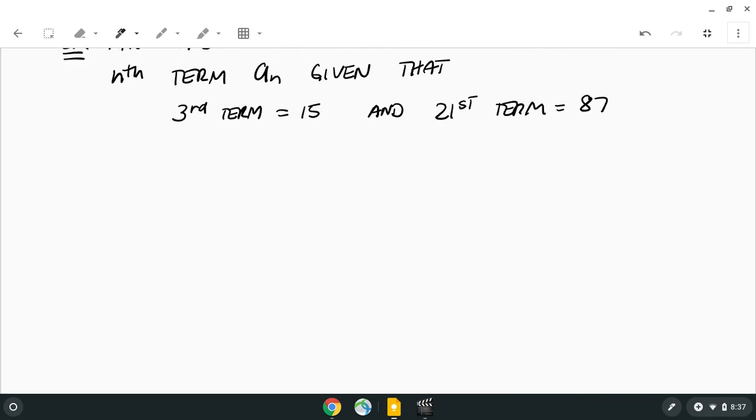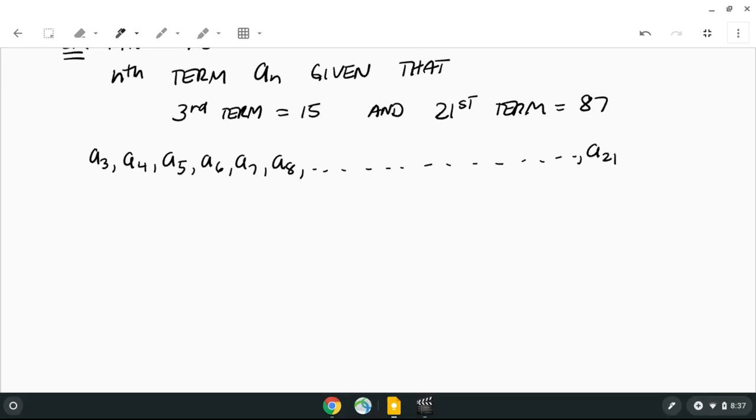Okay, so remember, to go from the third term to the 21st term, you add d, you add d, you add d, you add d, you add d, right? So here, let me just write it down. It's kind of far apart, but okay, A3, A4, A5, A6, A7, A8. All the way to the 21st term, just in case you can't really see it in your head.